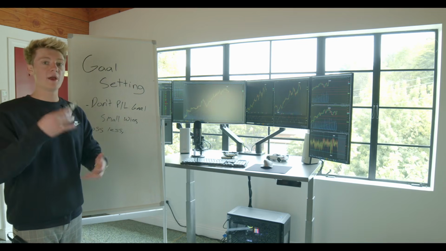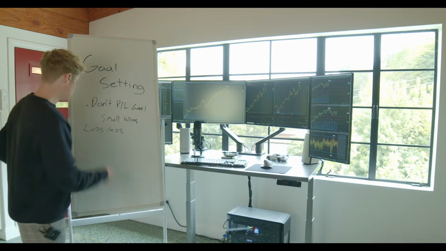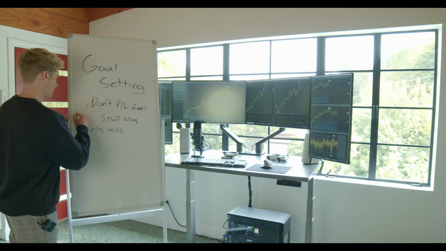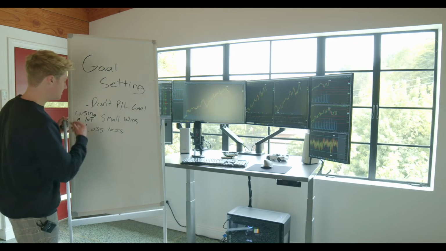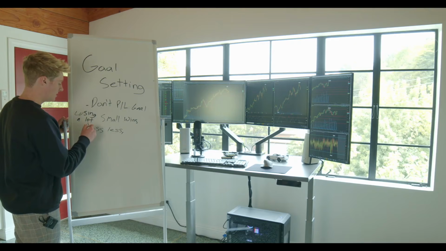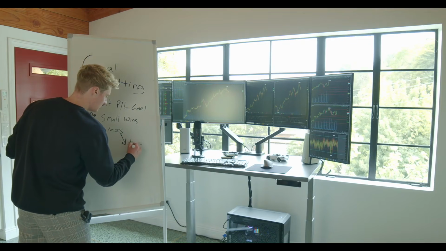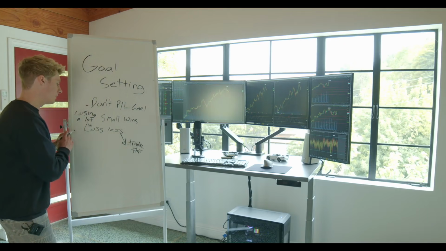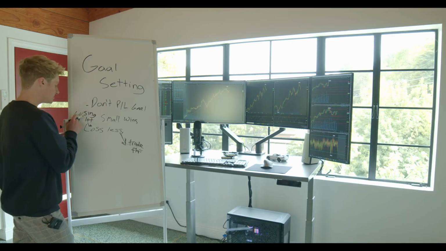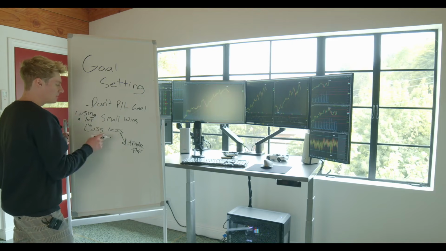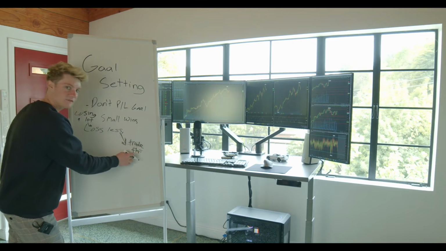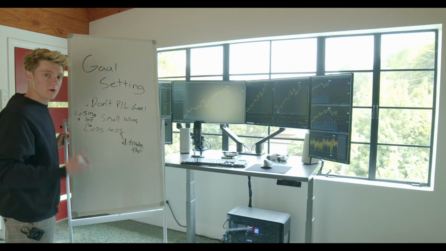It depends where you are in your trading. So let's say you're losing a lot. I'm just going to put it up here. So you're losing a lot. That means your goal is going to be to lose less. And then let's say your next goal is going to be to trade flat. So you went from losing a lot, which I would say is where most people are going to start, to losing less to trading flat. And now where do we want to go next?